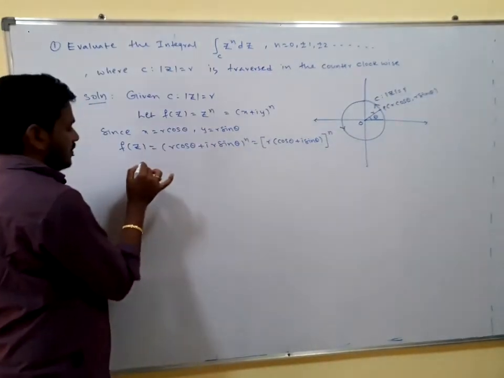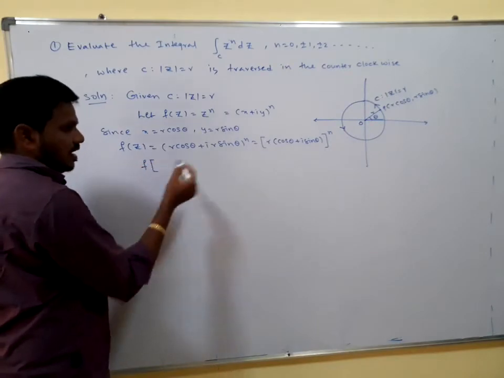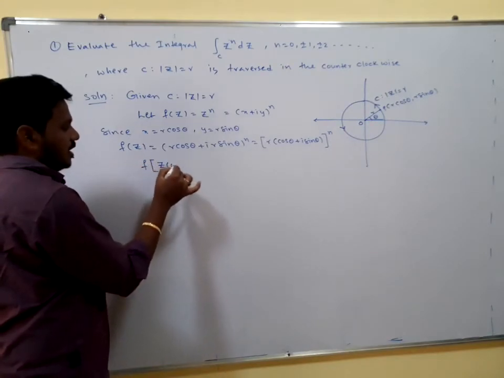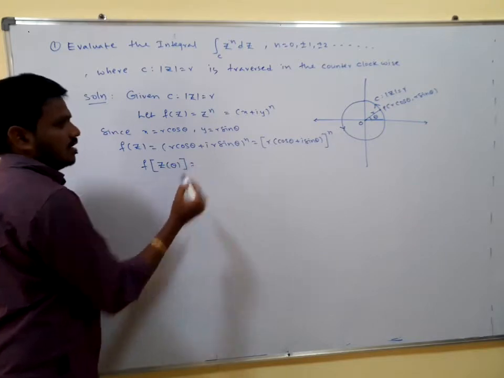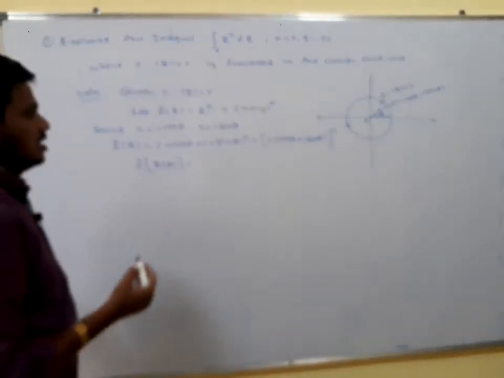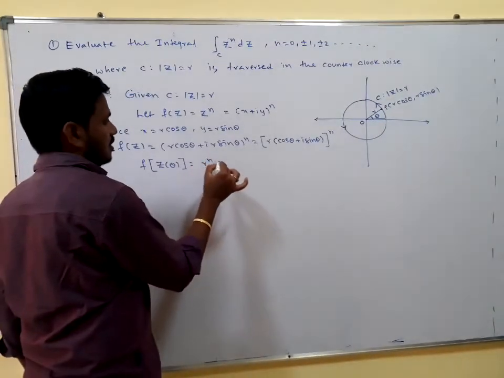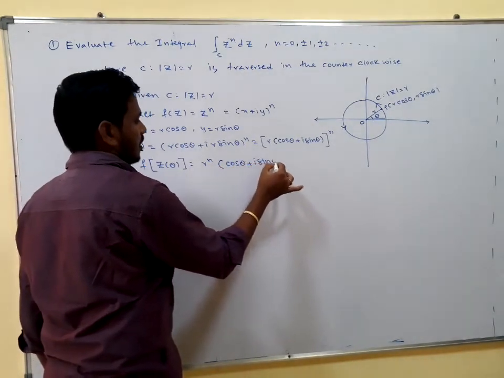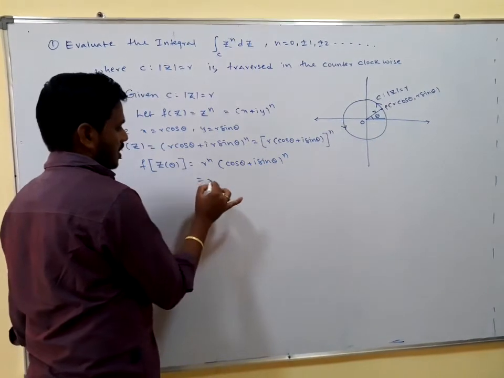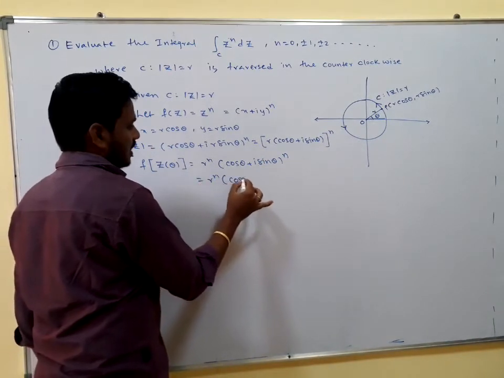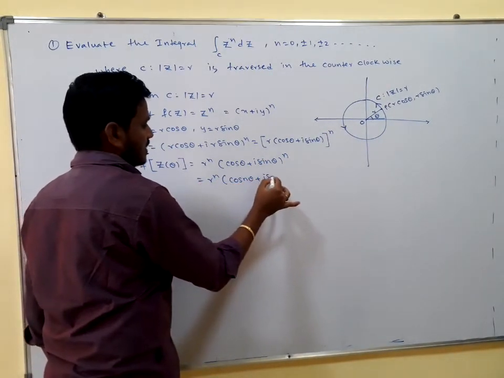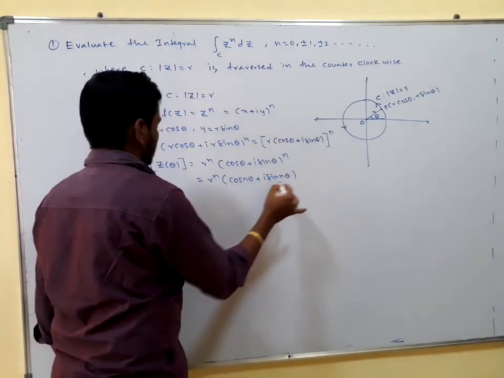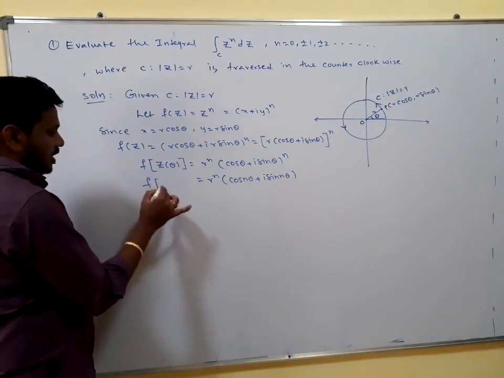This is f(z), or f(z(t)), or z(theta). I am writing z(theta) as a function of theta in parametric form. Here it is r to the power of n (cos theta + i sin theta) to the power of n. This can be written as r to the power of n (cos n theta + i sin n theta), that is f(z(theta)).